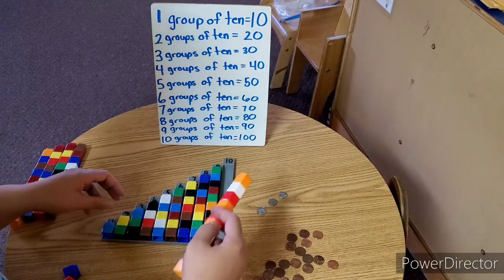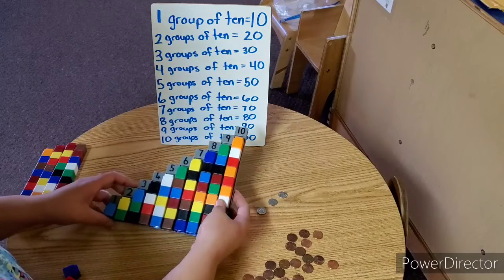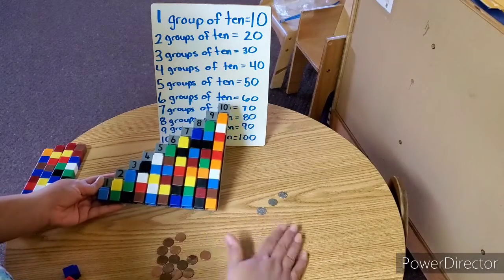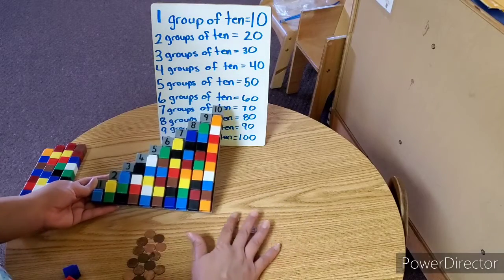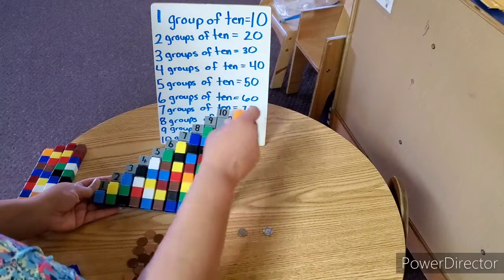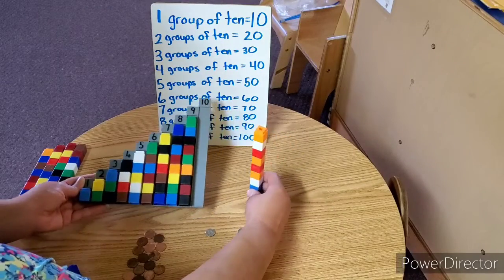Okay, friends, now let's get back to our cubes. Miss Breton has cubes, and you're going to use your pennies and your dimes. Remember, your dimes equal 10 cents, so dimes are one group of 10.